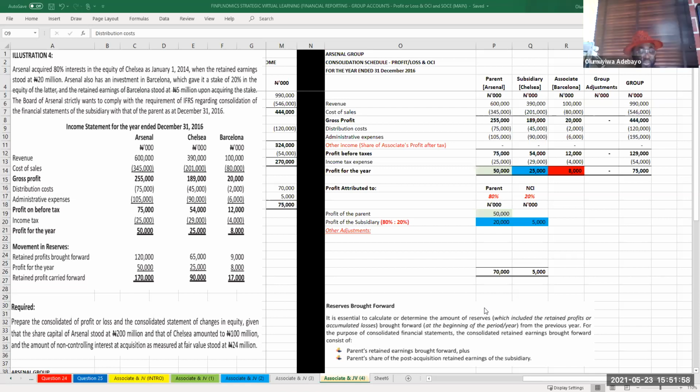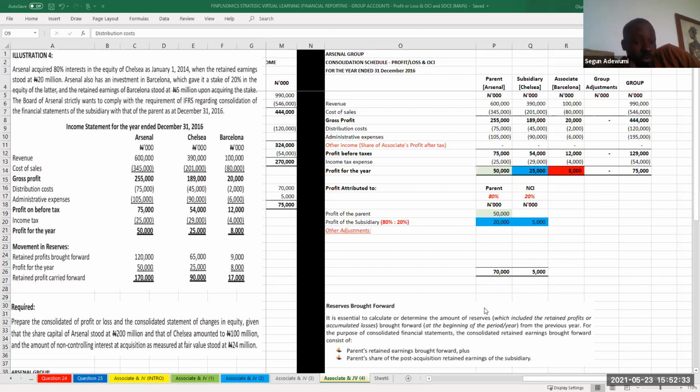Okay, Mr. Adebayo. Yes, sir. Just to support what was already said, we are required to prepare the consolidated profit or loss. We can see that Arsenal has an 80% interest in Chelsea, and that means Chelsea is a subsidiary and we are going to consolidate.